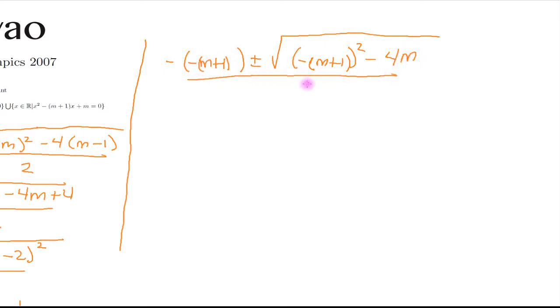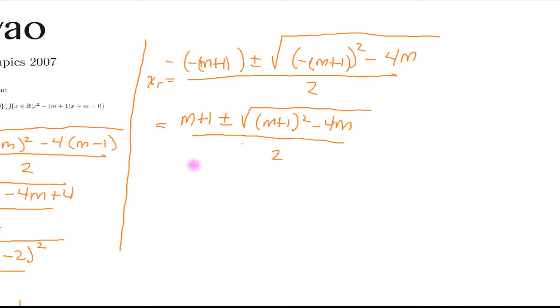Everything divided by 2. And again, this is the roots, right? So negative and negative is positive. The square cancels this negative, so I'm going to have m plus 1 squared minus 4m over 2.